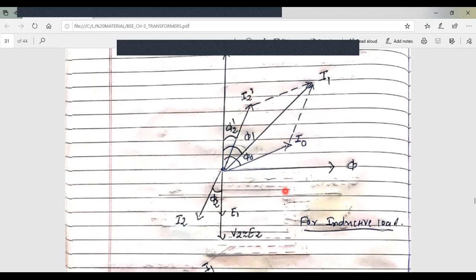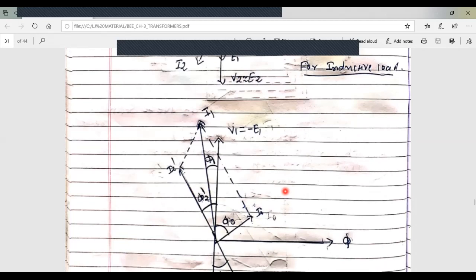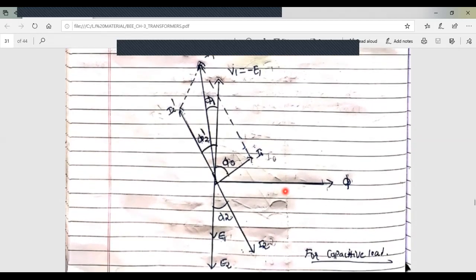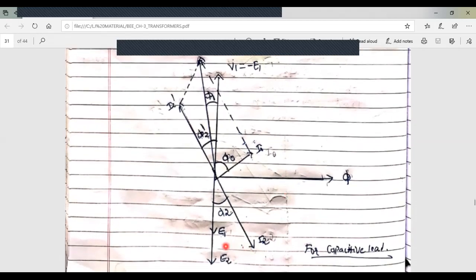The same is repeated for capacitive load, only in capacitive load I2 leads V2 by phi2. So finally we have I1 equals I0 plus I2 dash. So this is all about the practical transformer on load condition.